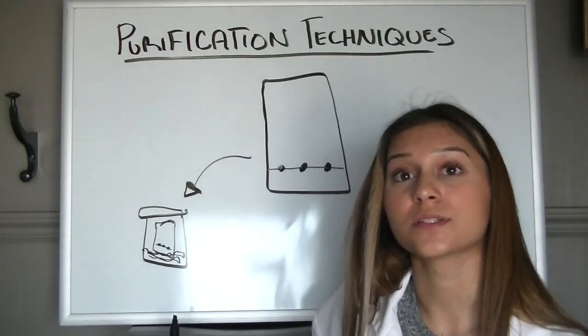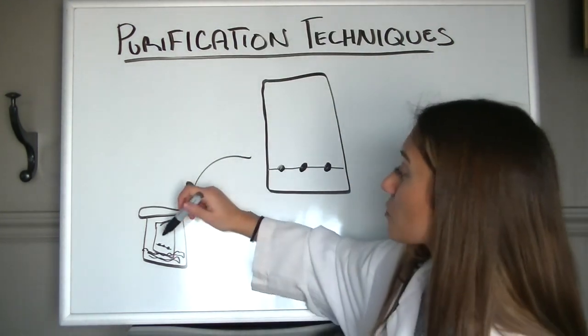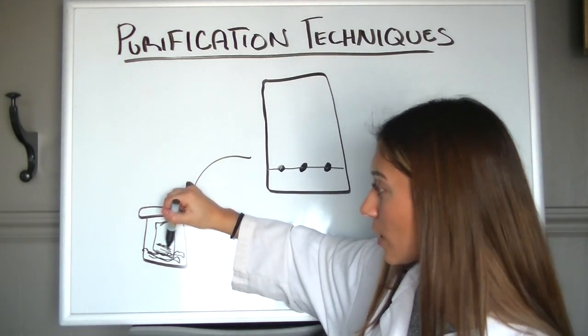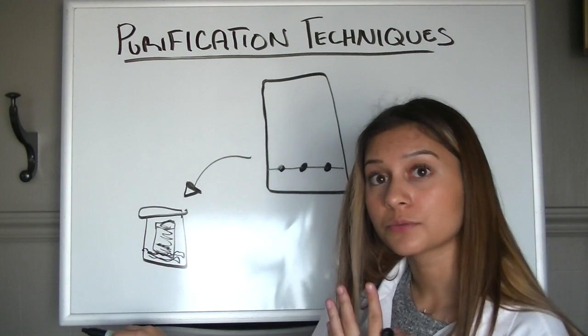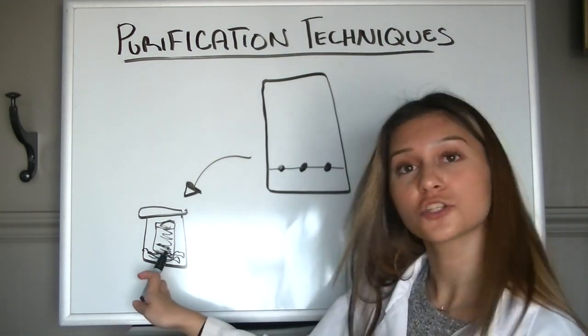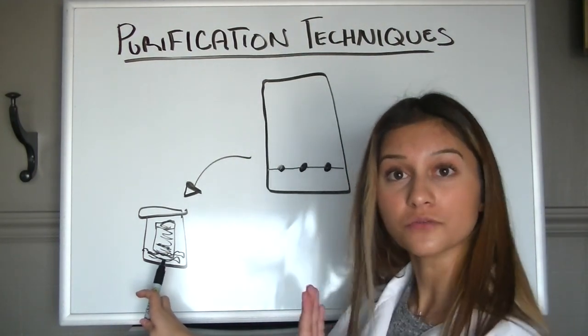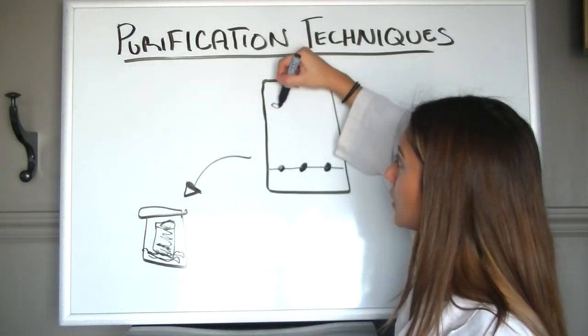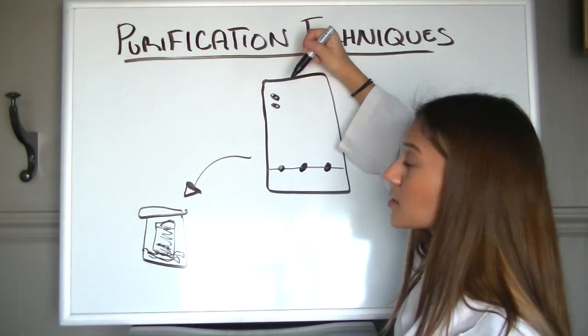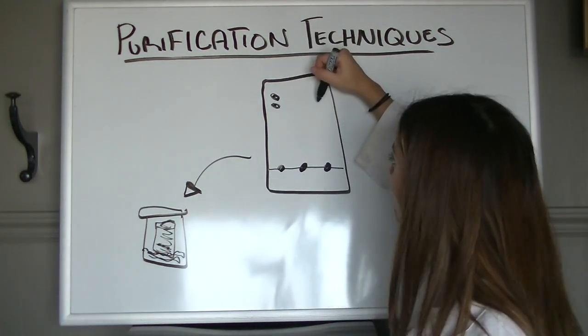This eluent will be considered the mobile phase, as once placed in the jar, it will move up the TLC plate up to a certain front. What the eluent will do is carry these spots up the plate as it moves up the plate. If more than one component was present in our sample, then it will consist of two spots.